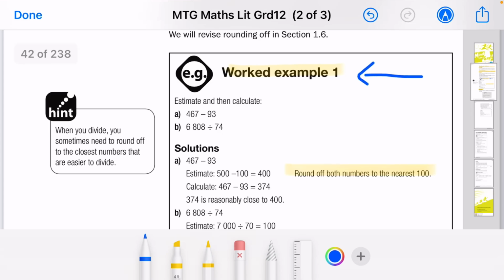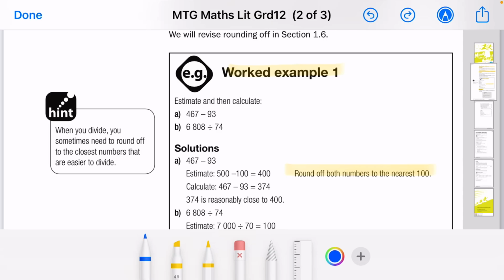So now let's have a look at worked example number 1. The question says estimate and then calculate. Massively important, ladies and gentlemen. They're saying estimate and then calculate, which means you need to perform two things in answering that question. The first thing that you need to do is to estimate and thereafter calculate.